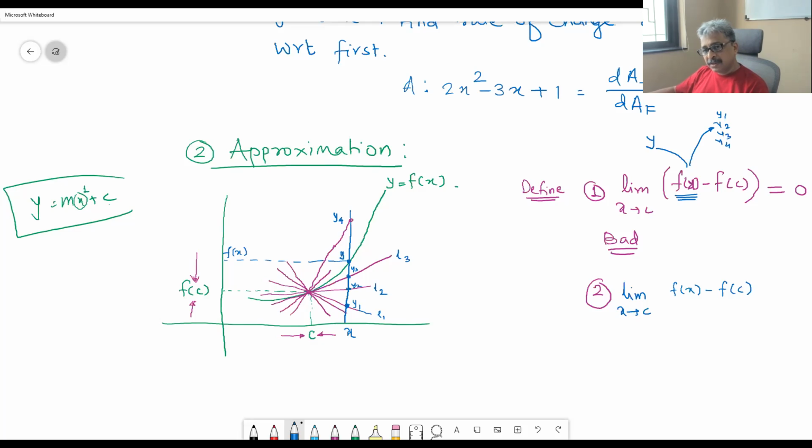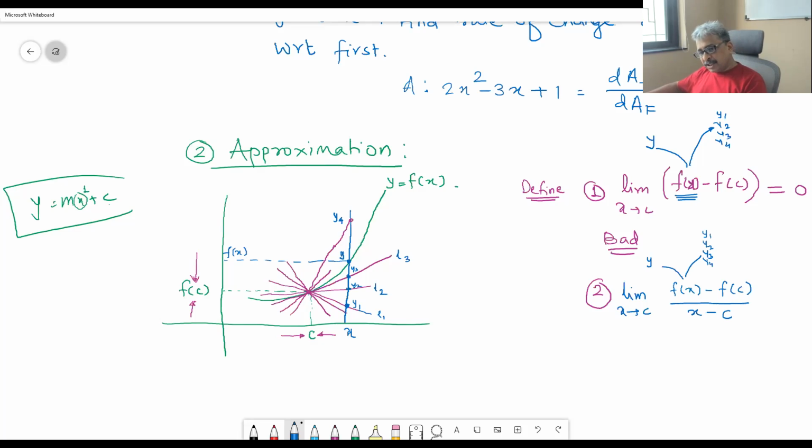Correct? This is going to be always 0. Now, the second thing that I can visualize is, again, the same f of x minus f of c, where f of x I am visualizing in two different ways. Either f of x is y, or f of x is y1, y2, y3, y4, and then I make it x minus c.